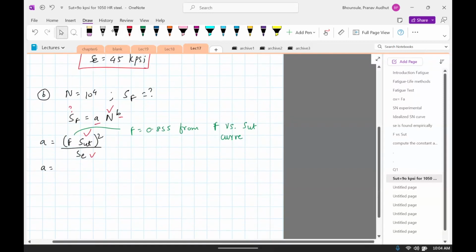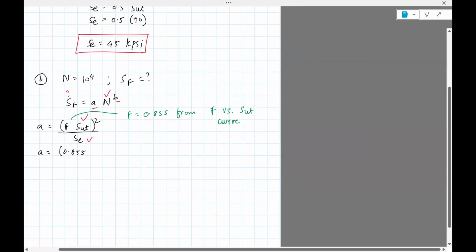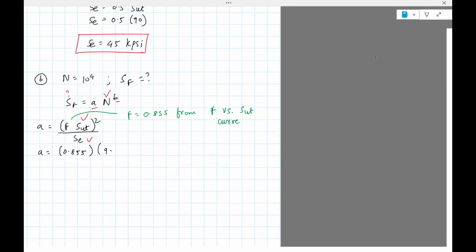Here we go. We have 0.855 times SUT, which is 90, the whole thing squared, divided by SE, which I just computed as 45. So A comes out to be 131.58.